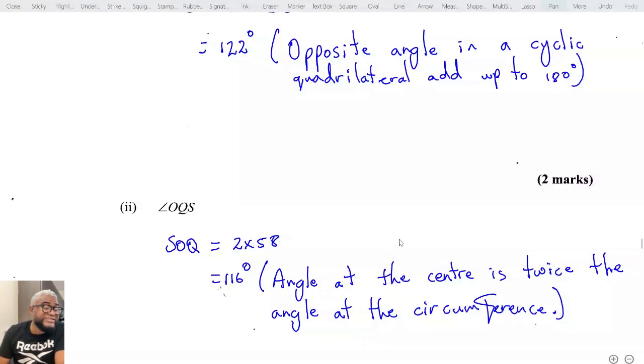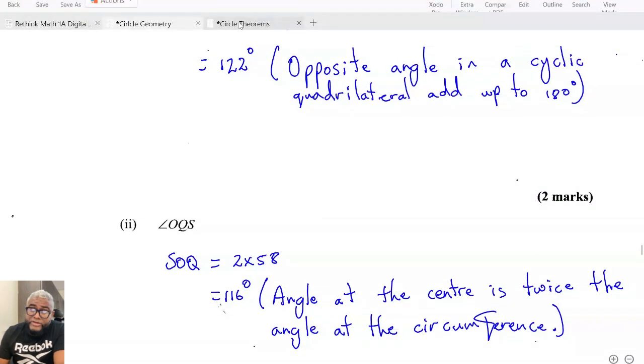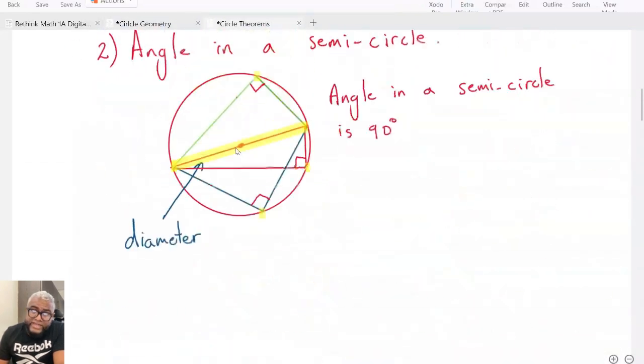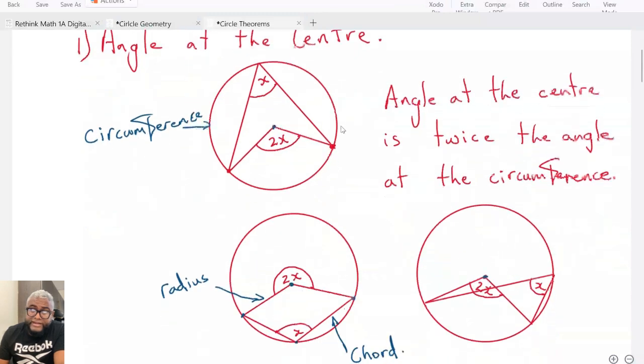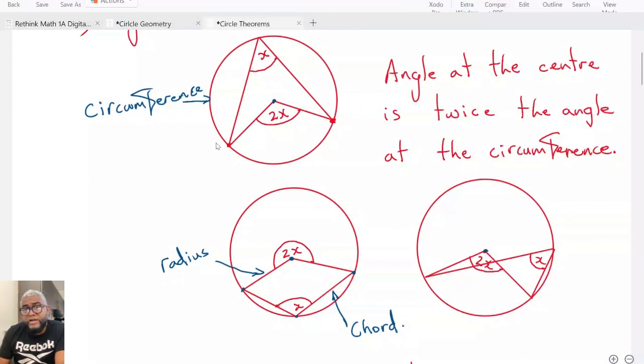I want you to write these laws over and over. Especially for the people who weren't here last week, I want to show you what the theorem looks like. Angle at the center is twice the angle at the circumference. If you have the angle at the center and another angle formed from these 2 points touching the circumference, we call it the angle at the circumference.